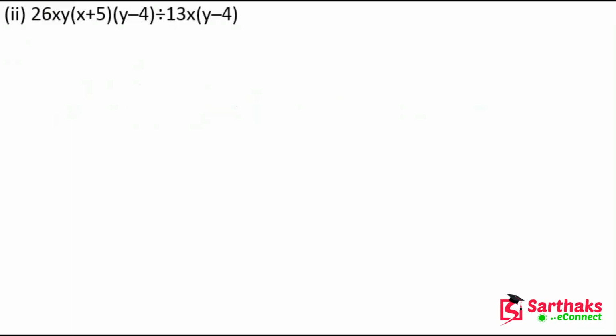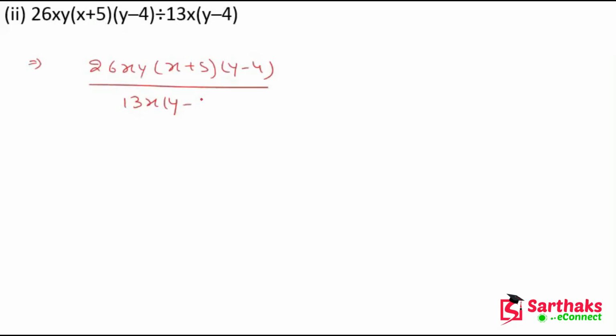Now the next one, here you can see we have 26xy into x plus 5 into y minus 4, and it is divided by 13x into y minus 4. First of all, we can cancel 26 by 13, which is 2 times.